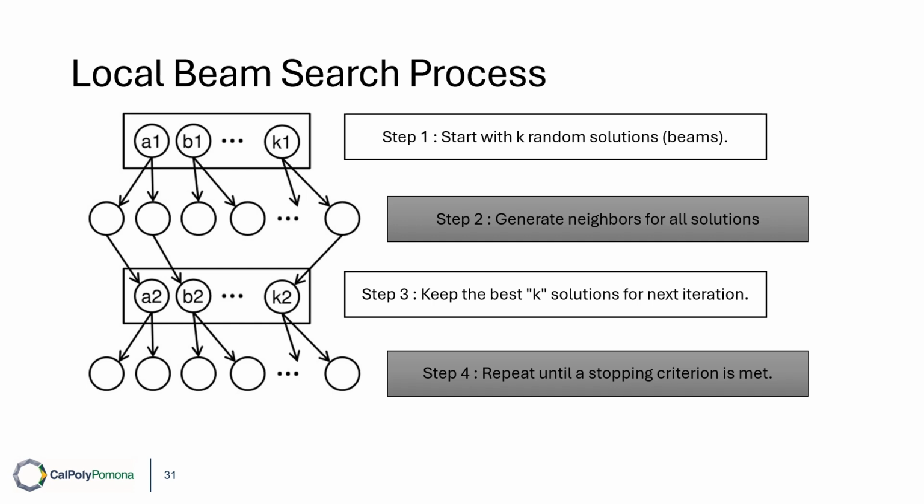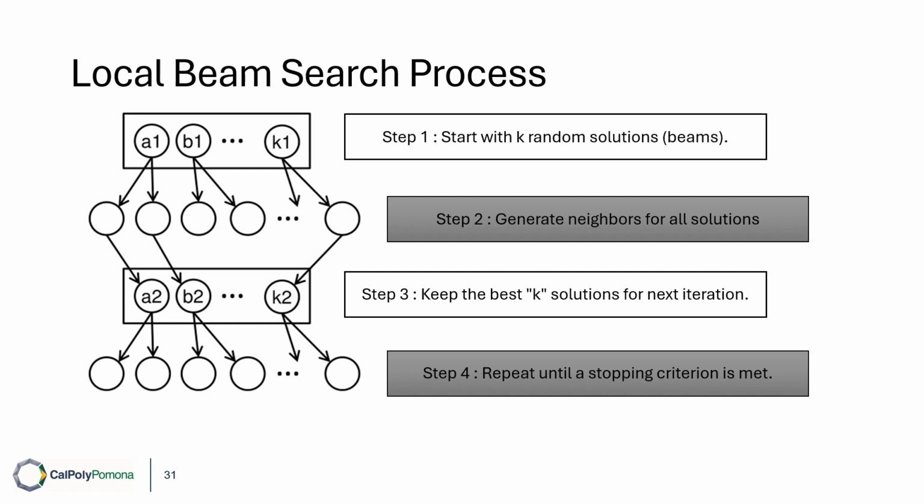And the final step, step 4, is to repeat until a stopping criterion is met. The process continues iteratively. Each set of K solutions generates its neighbors, which are again evaluated, and the best K are retained. We repeat this loop until a stopping condition is met. Common stopping conditions include finding an optimal or satisfactory solution, reaching the maximum number of iterations, or exhausting computational resources.